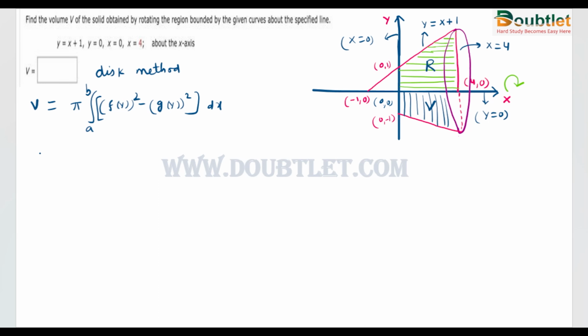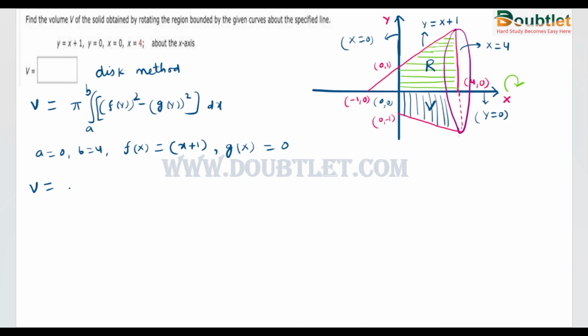So limit of x are from 0 to 4. So we can write the value of a as 0 and b as 4, and the value of f(x) will be, we can write this as x plus 1, because this is the upper curve, and what is the lower curve? Lower curve is the x-axis. So equation of x-axis is g(x) is equal to 0, because y is equal to 0.